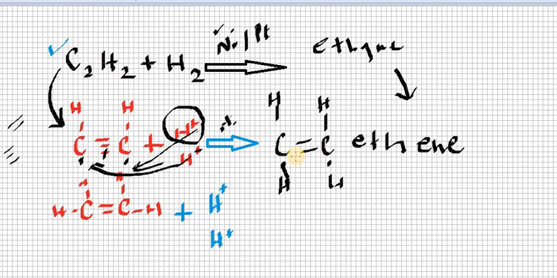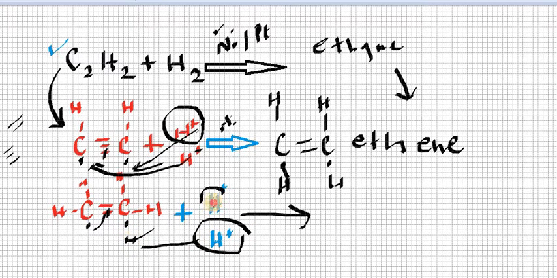Now similarly, if you take this ethene, I have made the structure here with four hydrogens, and if you add more hydrogen to it, the double bond is going to break, and this electron will go back here, as well as this electron. This hydrogen will form a bond here, and this hydrogen will form a bond here. So our overall structure looks like this.